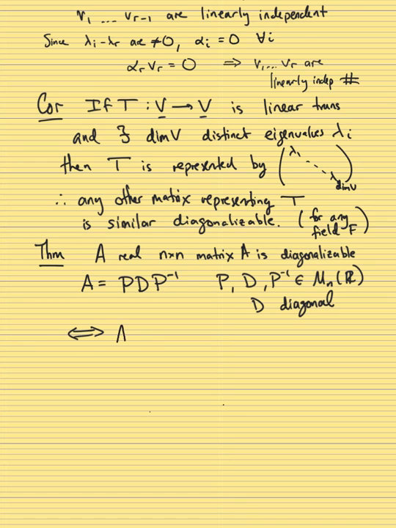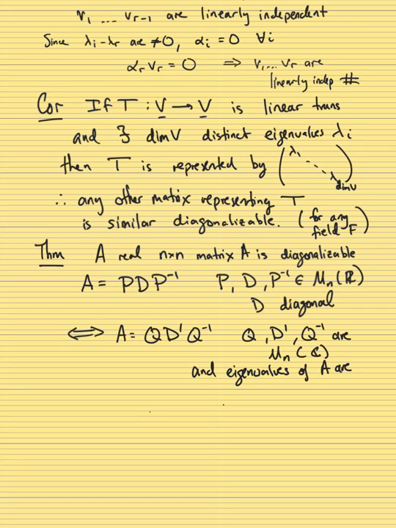First, A is equal to, I'll just say Q D prime Q inverse, where now Q, D prime, and Q inverse are in complex matrices, and the eigenvalues of A are all real.